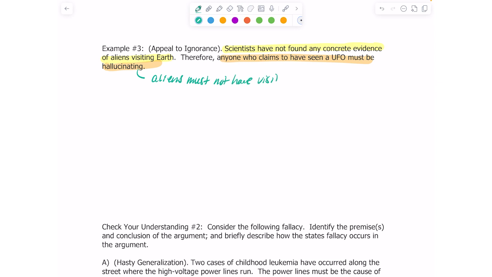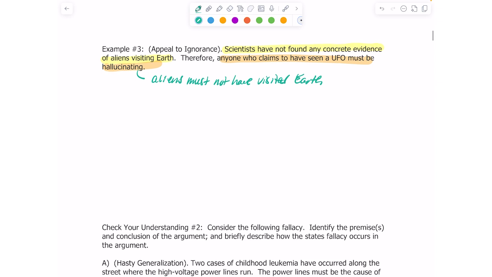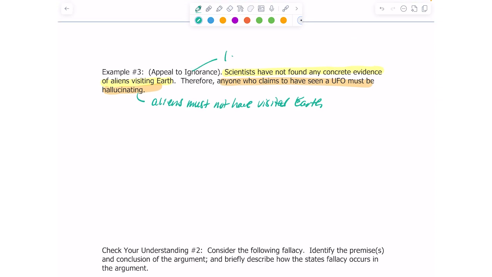Okay, so here, appeal to ignorance, this statement uses ignorance, and ignorance, remember, is just lack of knowledge, right? So it uses someone's lack of knowledge about the truth of a proposition to conclude the opposite.